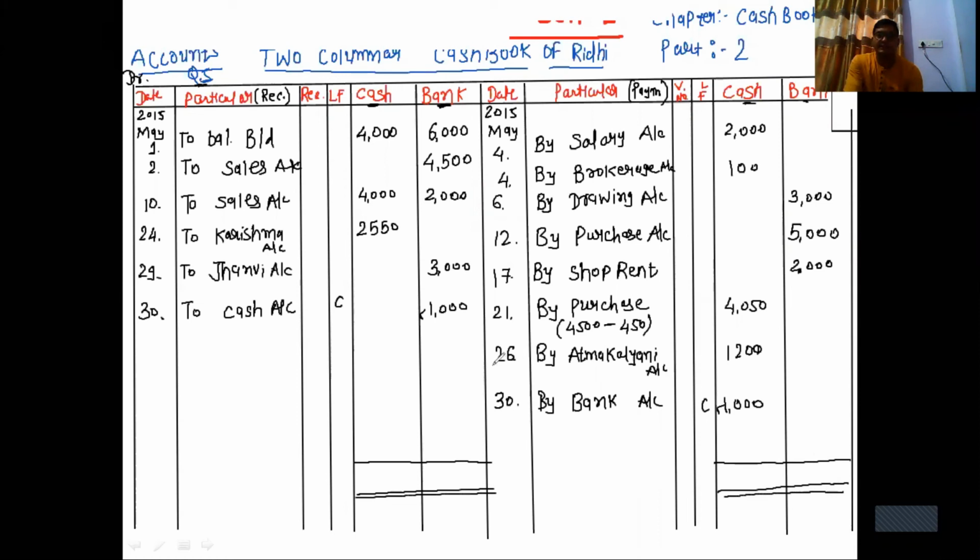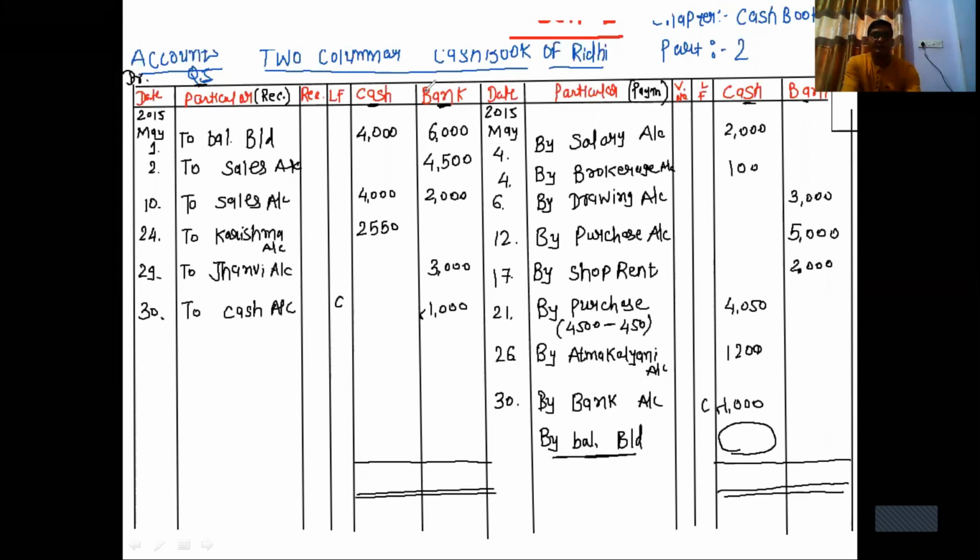And here, if any difference arises on the credit side, we have to write by balance brought down.